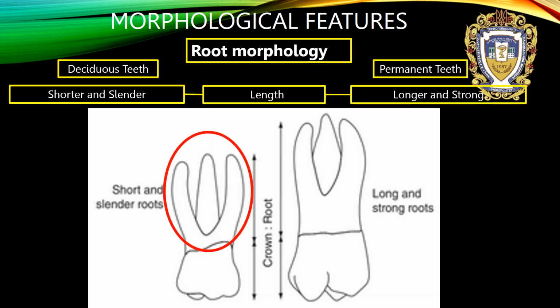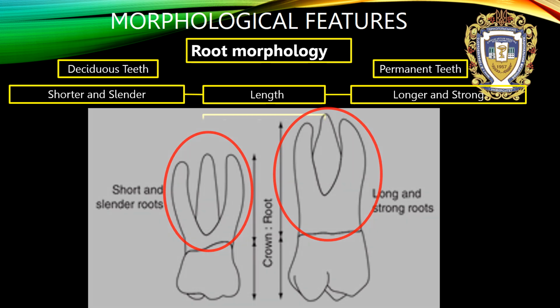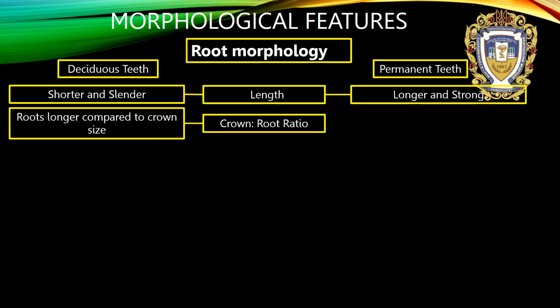Schematically, temporary teeth have short and slender roots. Permanent teeth have long and strong roots. Crown root ratio.